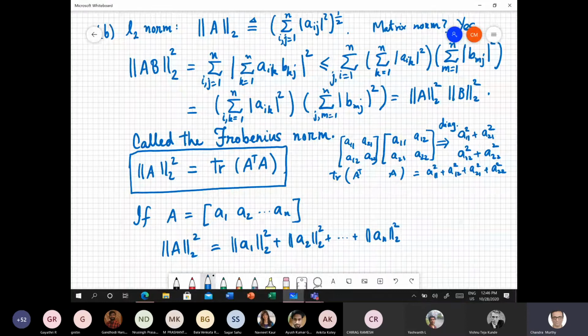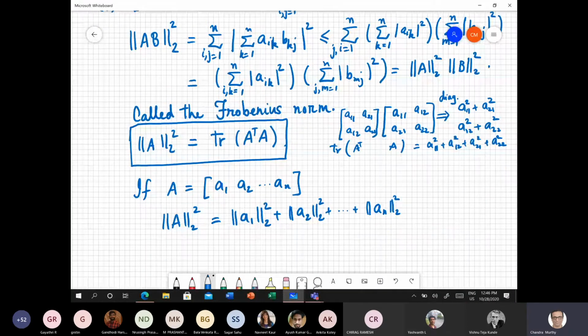Now, the L2 norm by itself is unitarily invariant, meaning that if U is unitary, then the L2 norm of Ux is equal to the L2 norm of x itself.